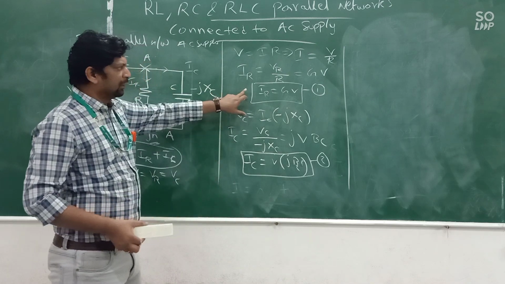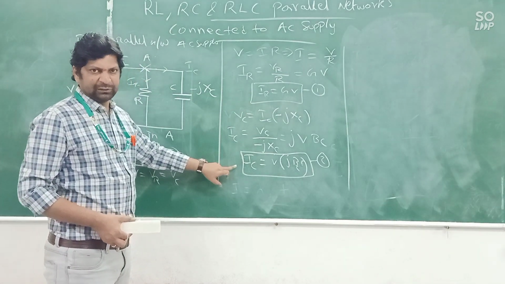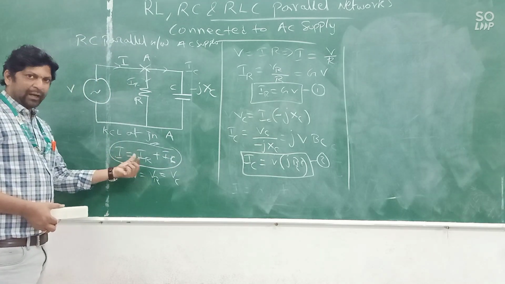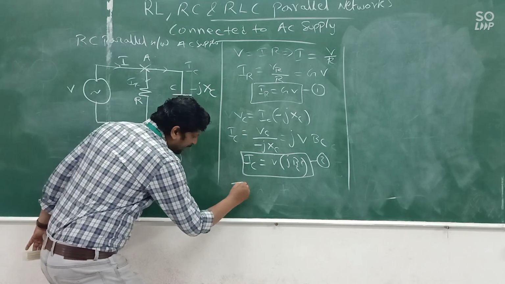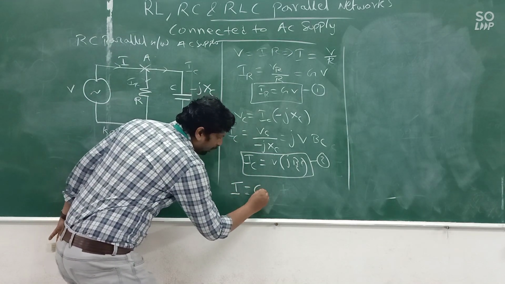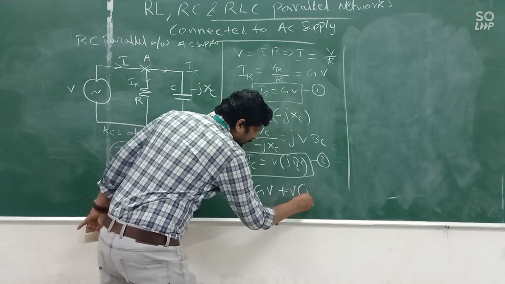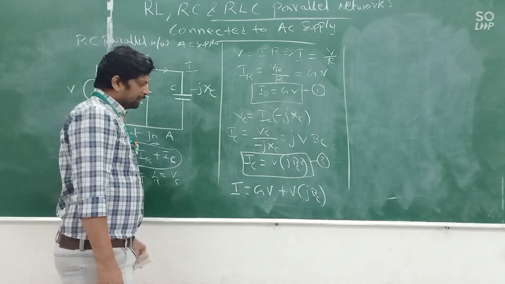If I substitute equation 1, resistor current, and equation 2, capacitive current, in our KCL equation, that is I is equal to IR plus IC, then my resultant equation will be I is equal to GV plus V into JBC.